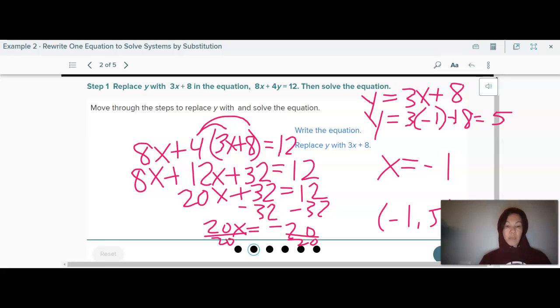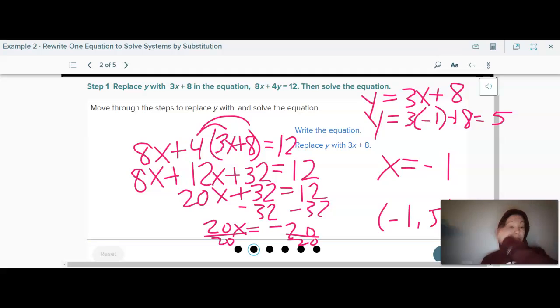Let's just recap. One equation told us what y equals, so in place of y, I can put what y equals. Now we've created one equation with one variable, x, and we've learned how to solve these types of equations. Going through all the steps, we get that x equals negative 1.